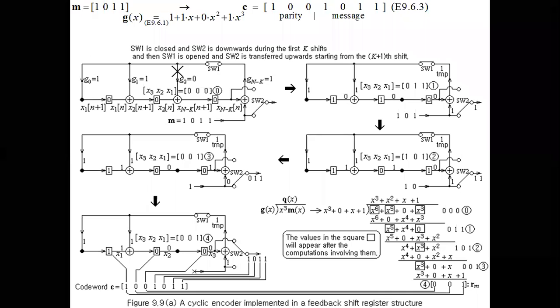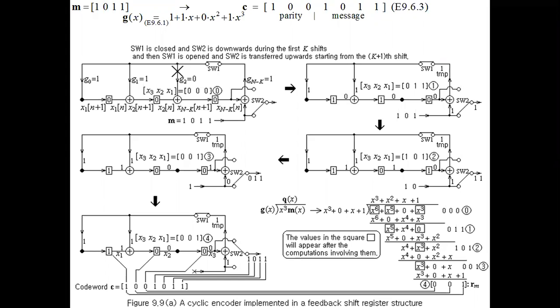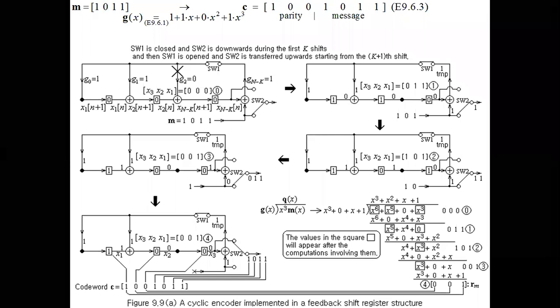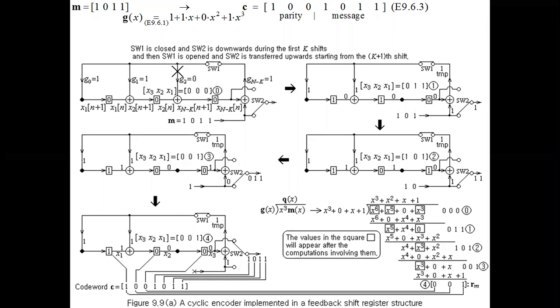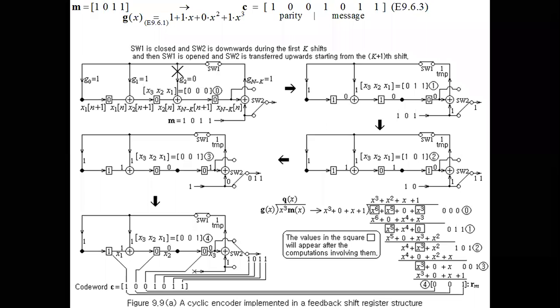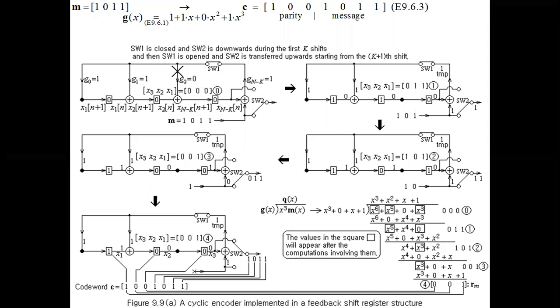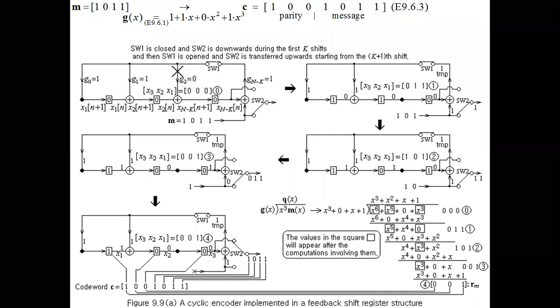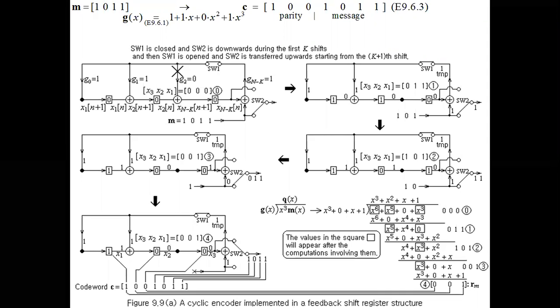G of x is given as 1, 1, 0, 1, and we have to convert g of x into polynomial form. So that is the polynomial form.